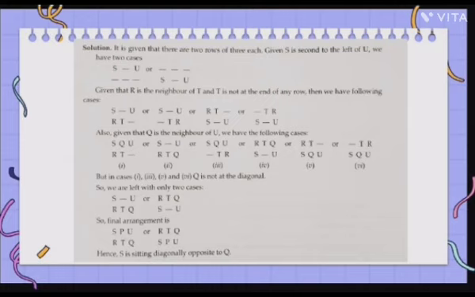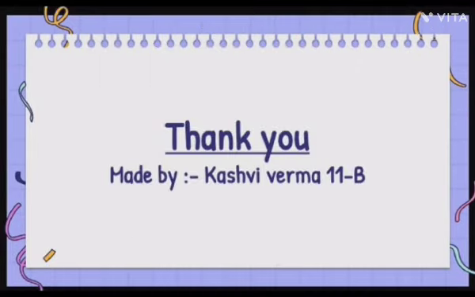These are the only cases where Q is diagonal and T is not in the end of it. So all these conditions are matched and we get that S is sitting diagonally opposite to Q. Thank you. I hope you understood the topic well.